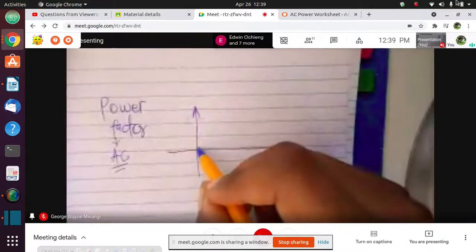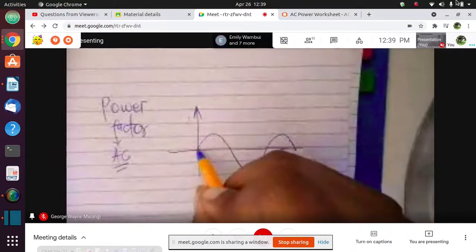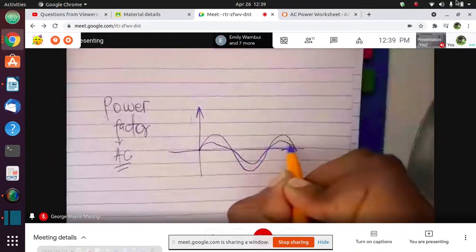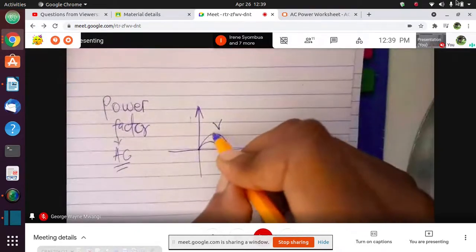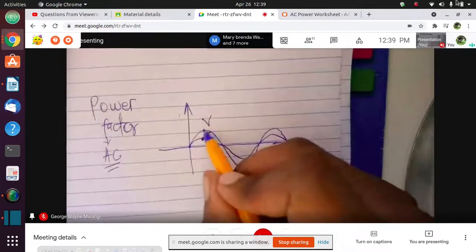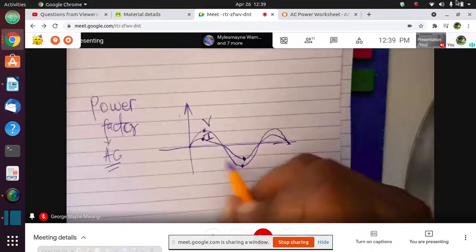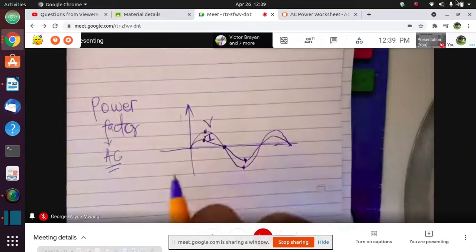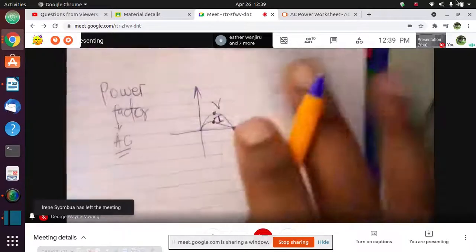If voltage and current of AC are in phase, let's say this is voltage and this is current, what it means is that the voltage and current of that alternating source reach maximum, minimum and zero at the same time. Okay? Now, when we talk about AC, remember we introduced other components.